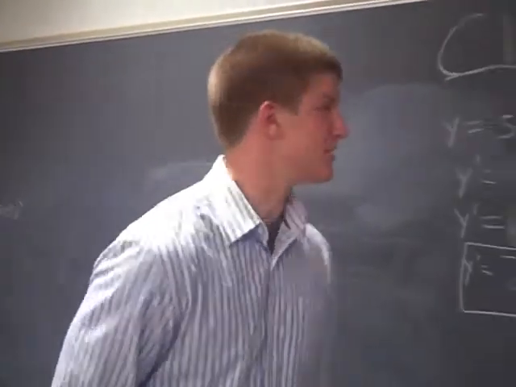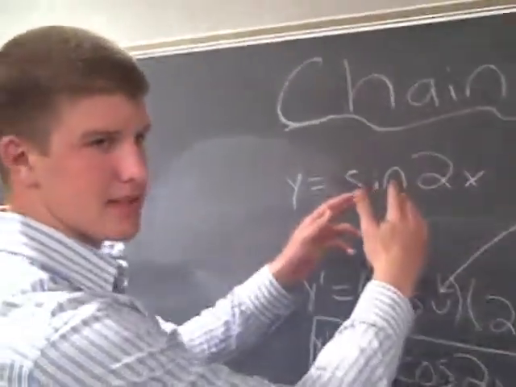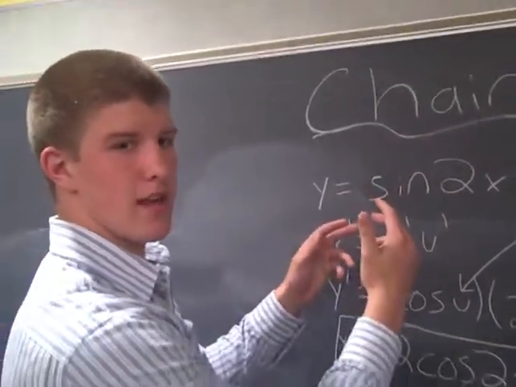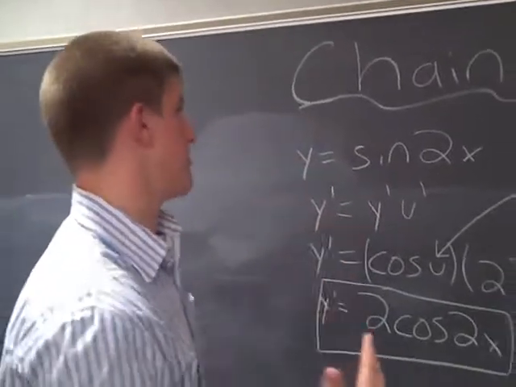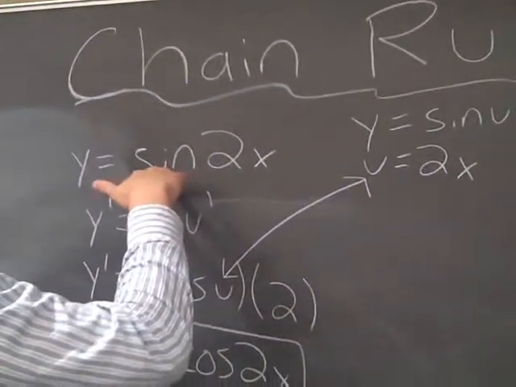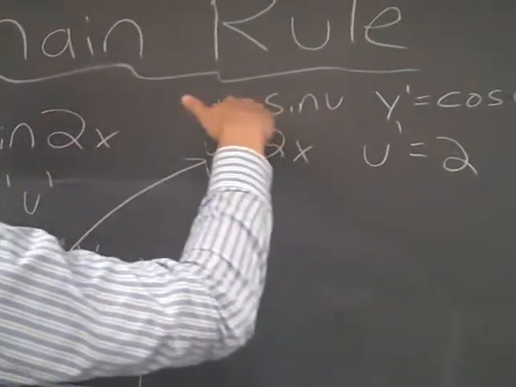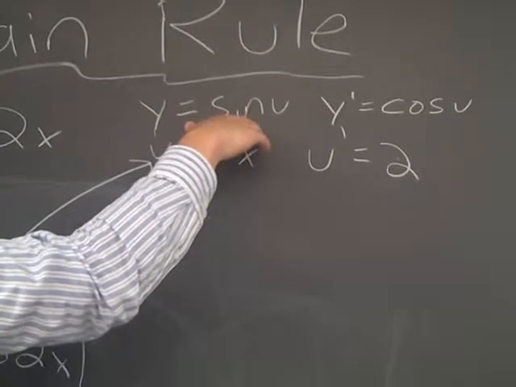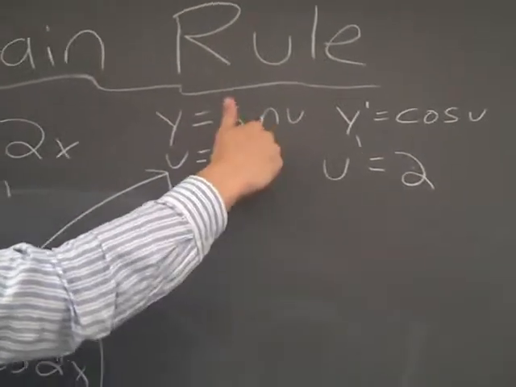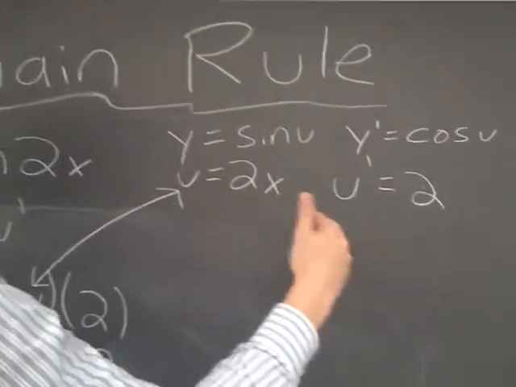So the chain rule. Let's get started. You're going to use this whenever you have to break up two parts and then take a derivative of each part. And when Mrs. Klein tells you to use it. So we got this equation, sine 2x, and we got to break this up. So you've got sine of u, and you've got u equals 2x. Take the derivative of each part. Derivative of sine is cosine, and derivative of 2x is 2.